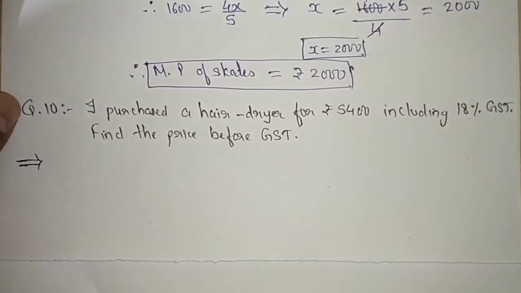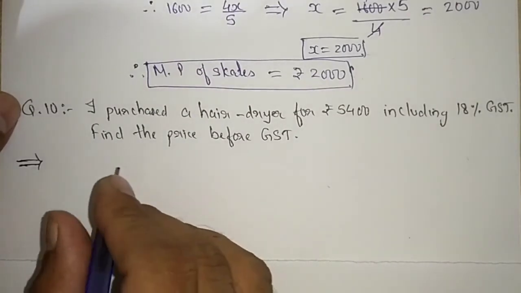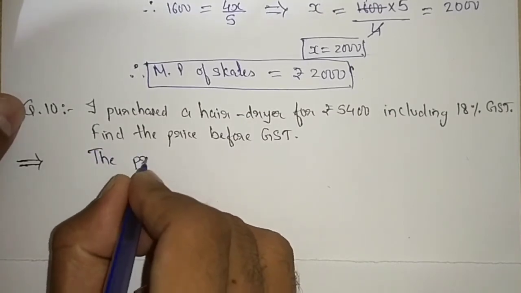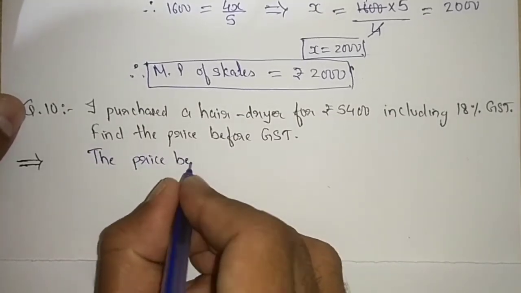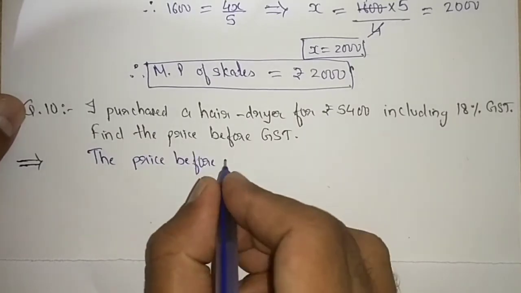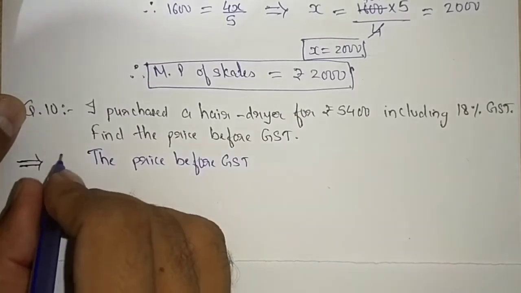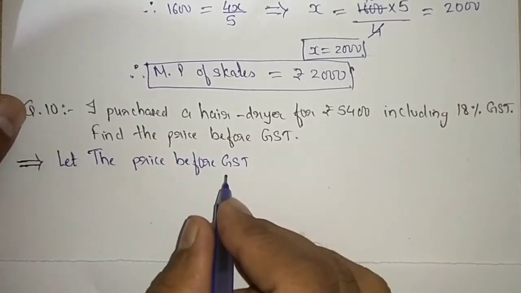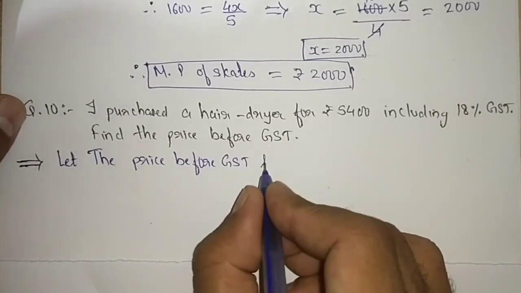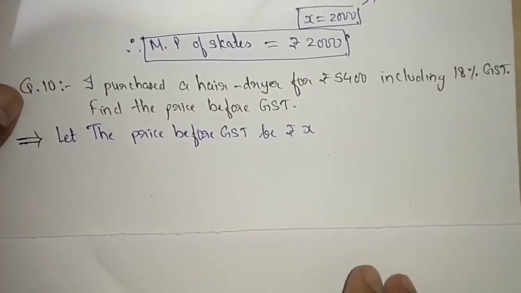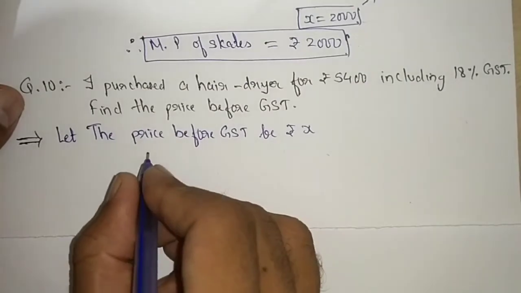So I assume the price before GST. Let the price before GST be rupees X. What else they have given us? GST percentage.